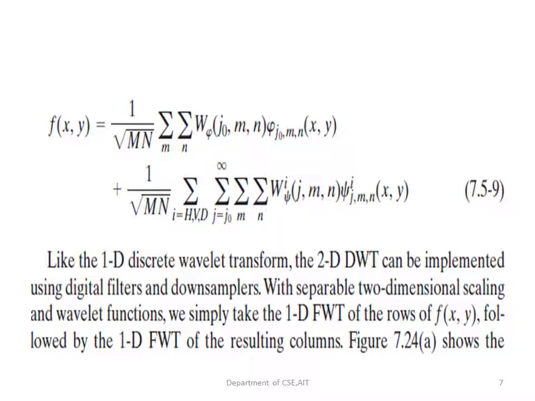Like the one-dimensional discrete wavelet transform, the two-dimensional one can also be implemented using digital filters and downsamplers. With separable two-dimensional scaling and wavelet functions, we can consider the one-dimensional fast wavelet transform of the rows of f of x, y, followed by the one-dimensional fast wavelet transform of the resulting columns.